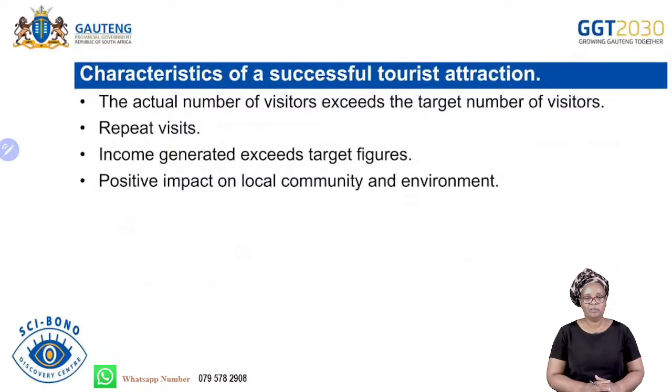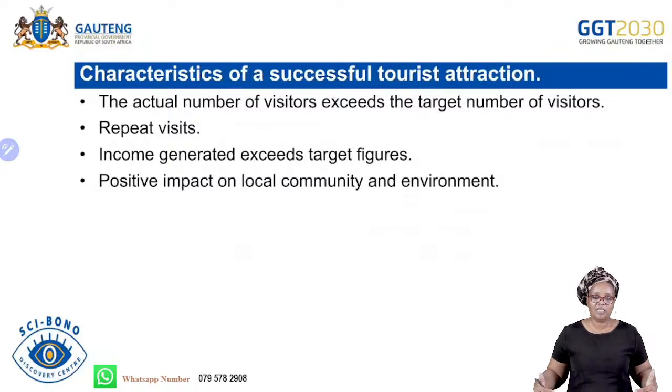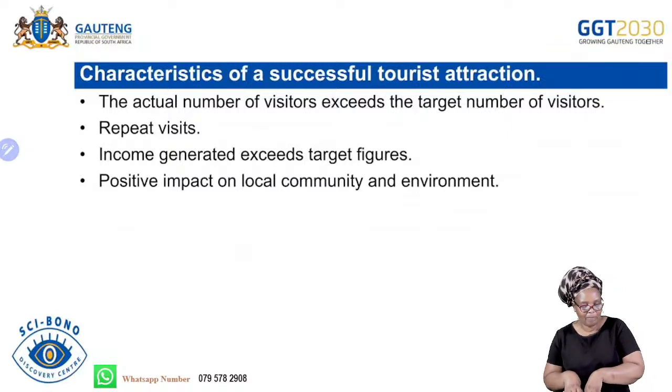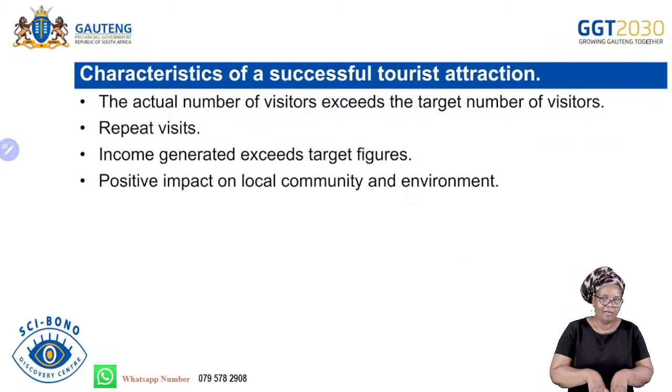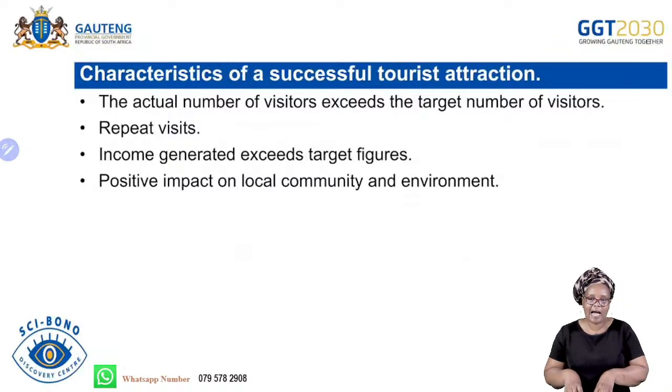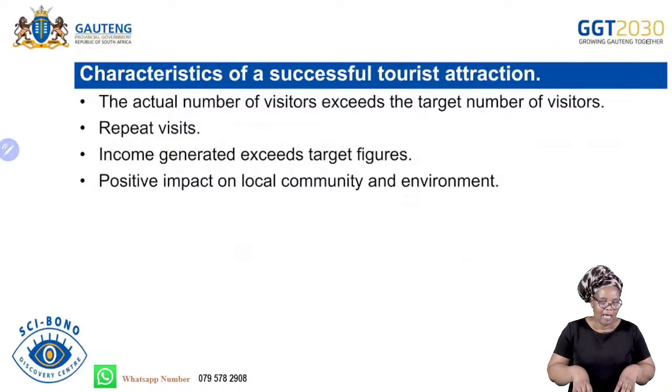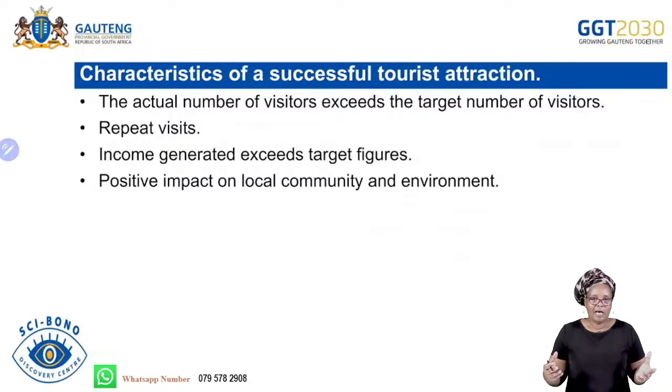This is simple. Positive impact on local community. The moment you include the local community in the decision making, in being part of those who will be employed in an icon, it means they are going to support the icon. They're going to support the attractions.